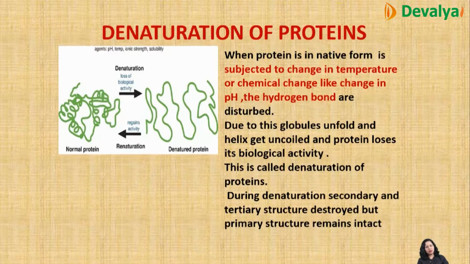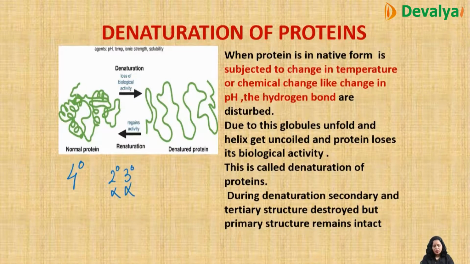During denaturation, the secondary and tertiary structures are destroyed, but the primary structure remains intact. So, change in the nature, like curdling of milk, right? So these are the examples. They are in the quaternary form, they uncoil, the secondary coil uncoils, the tertiary uncoils, and the primary remains intact.